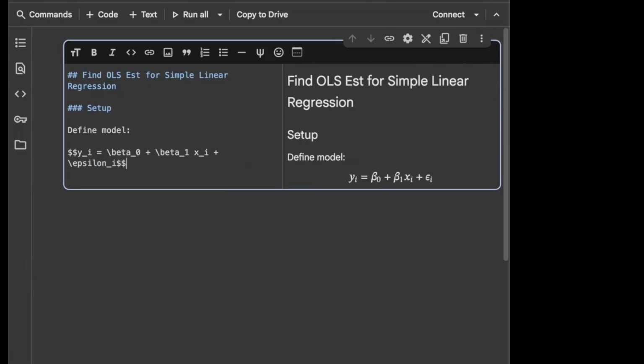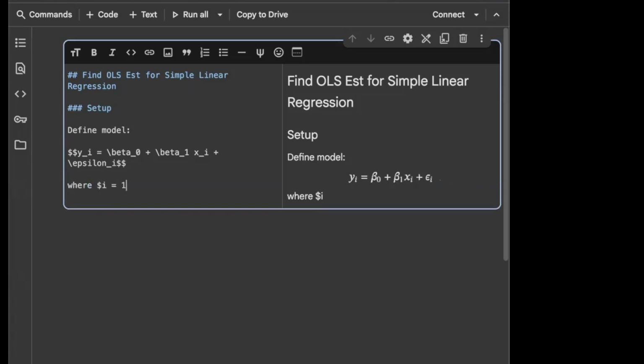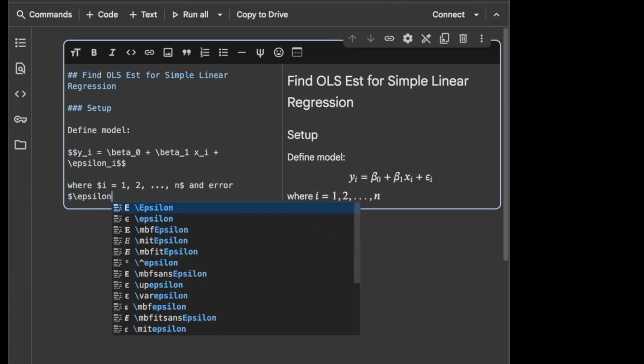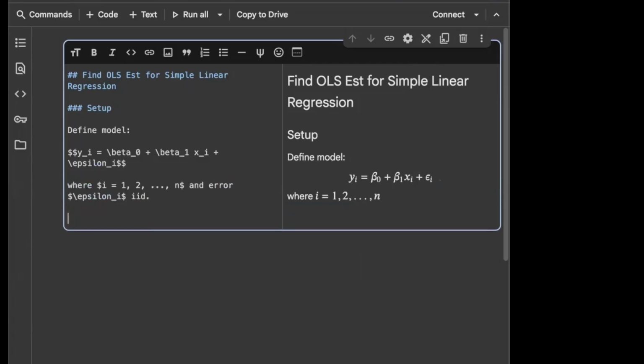So this is the basic setup. Here i is the tracking index, so it can be 1, 2, and so on up to n, where n is the sample size. The error, you can call epsilon, and this term is going to be IID. So this is the current setup.